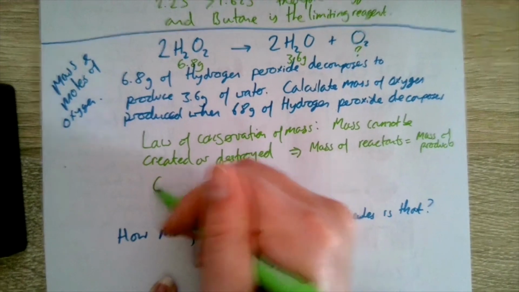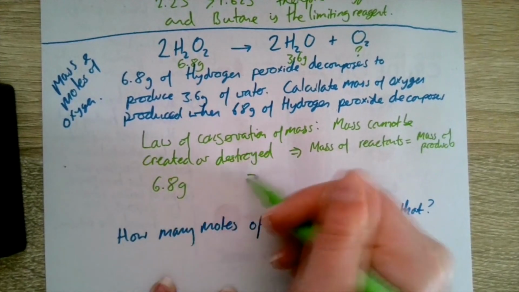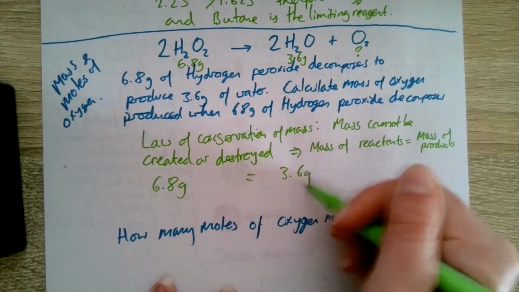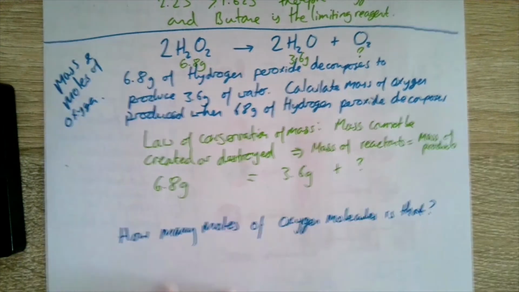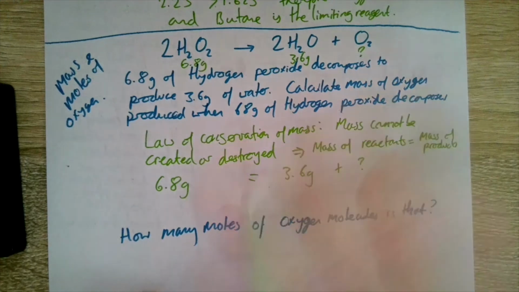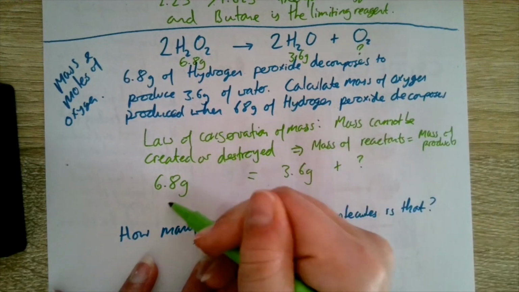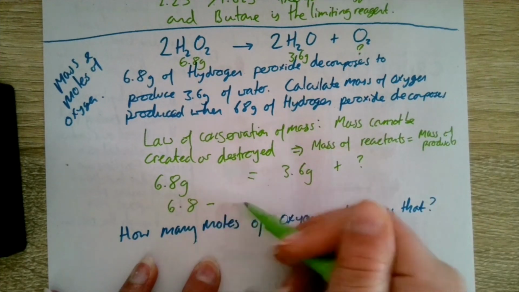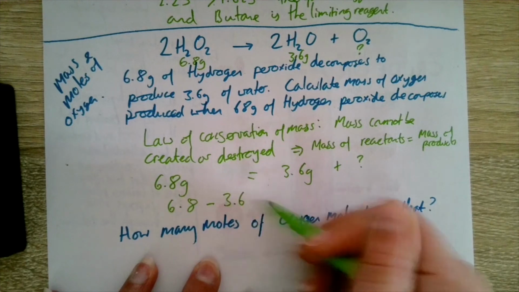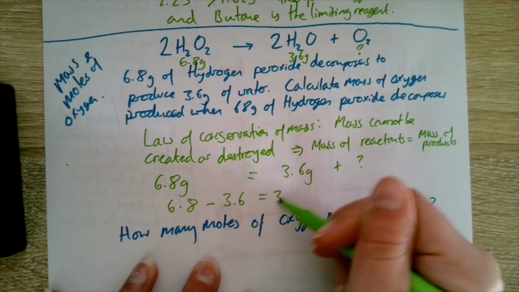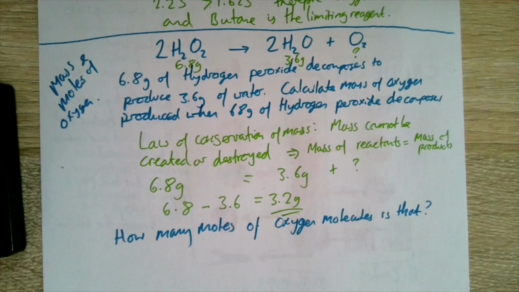So 6.8 grams is equal to 3.6 grams plus our unknown mass of oxygen. And then it just becomes a simple subtraction. 6.8 minus 3.6 gives us 3.2 grams of oxygen.